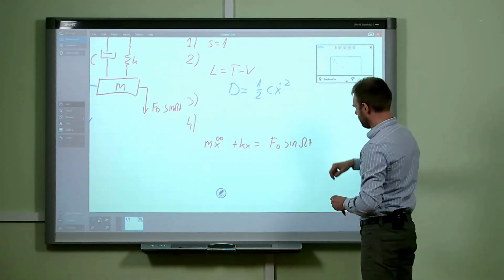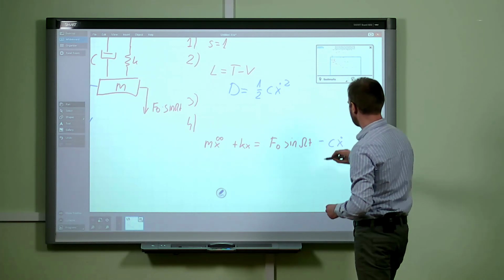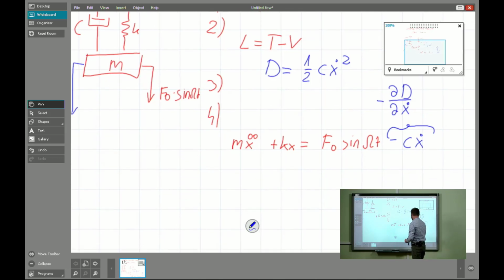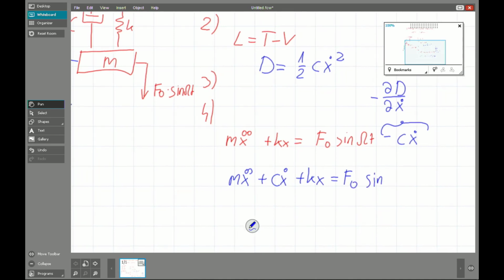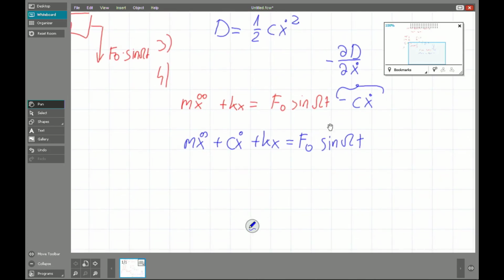The contribution of that part is c x dot, because that is the partial derivative of the dissipative potential with respect to the generalized velocity, with a minus. If we rearrange that equation, we are getting the governing equation of damped excited vibrations.